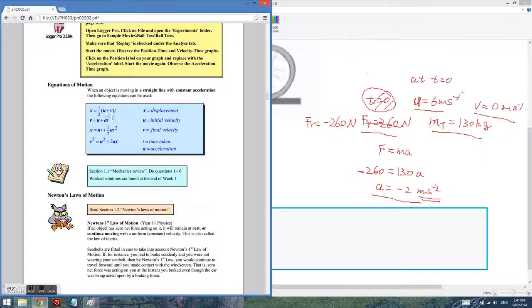I can't use the ones with t. However, the last one has u, v, a, x. I have the values of v, u, and a, and I need to find x. So that's the equation we need to use. Write it down.